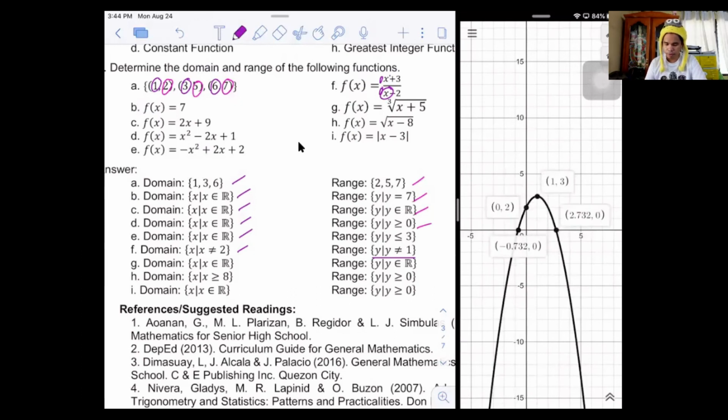Okay? The domain is all real numbers, but tanawin ang range, set of all y such that y is less than or equal to 3. So ang yung vertex, it served as the maximum point. So wala naman siya ni-add dito sa taas ang graph, so walay labot ang number is greater than 3. Okay?